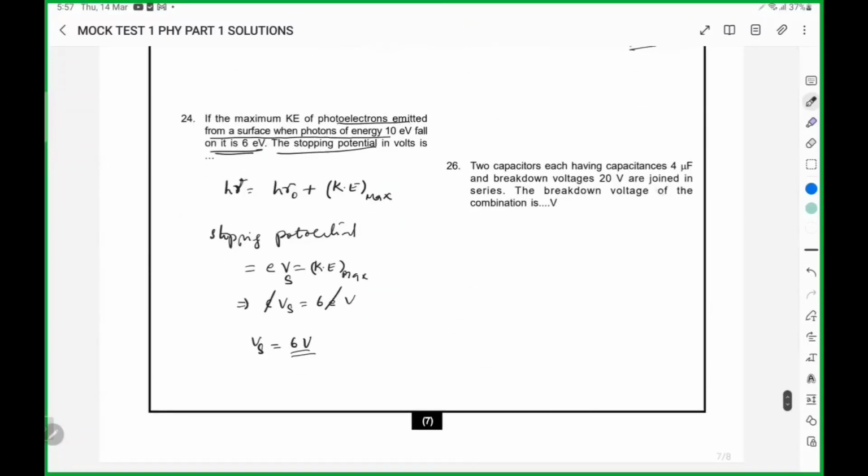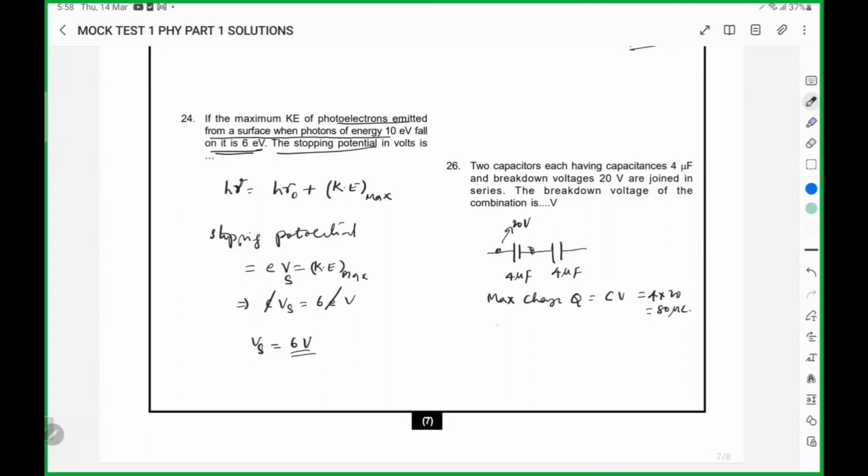Two capacitors, each having capacitance 4 microfarad. The breakdown voltage for this capacitor is 20. That means the maximum charge that can be accommodated is 4 into 20, 80 microcoulombs.